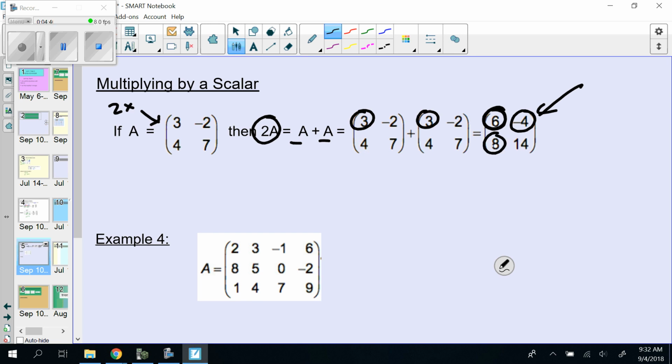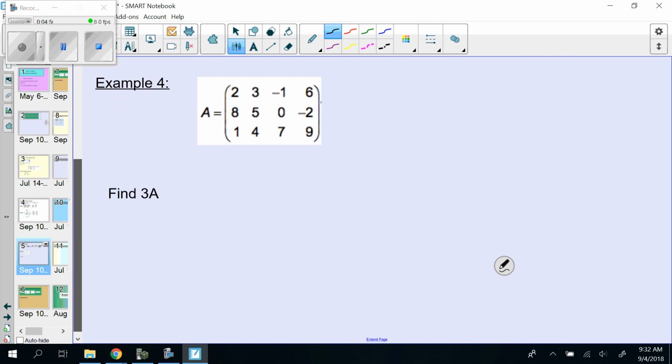So anytime you want to do scalar multiplication, just take that matrix and multiply by whatever number they have listed. So here's matrix A. They want us to find 3 times that matrix. That means we just need to multiply everything here by 3 to get the resulting matrix.